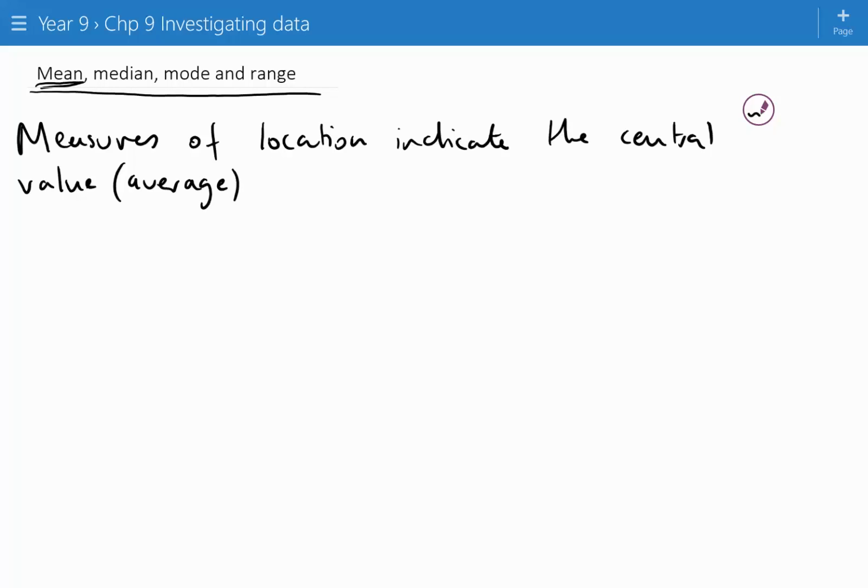Mean, median, mode are all measures of location and can be used to find the central value or the center of the data. So the measures of location indicate the central value, and these are the mean, the median, and the mode.